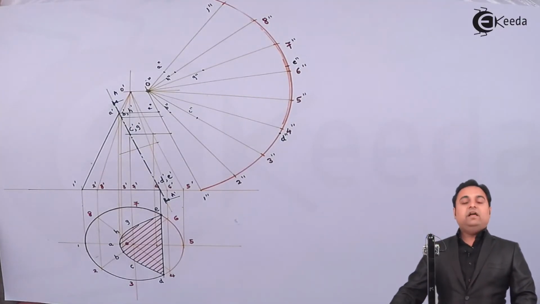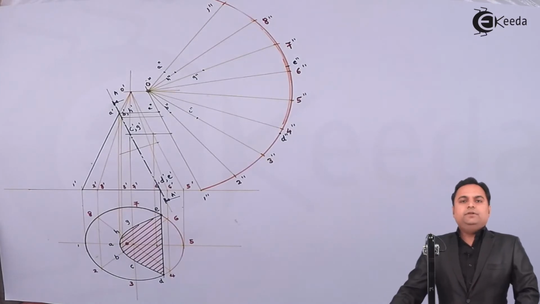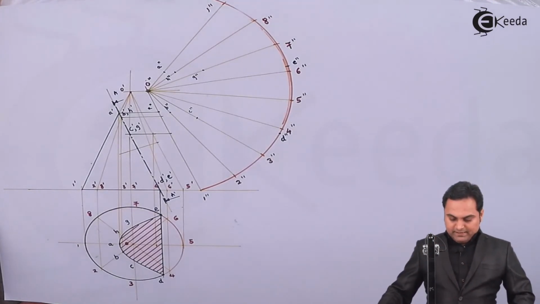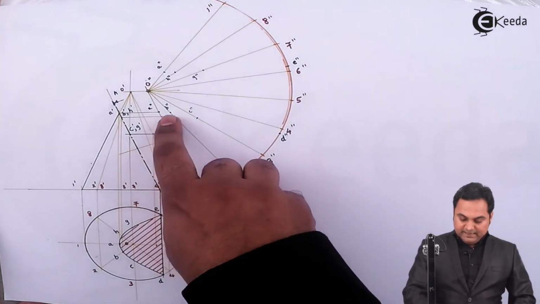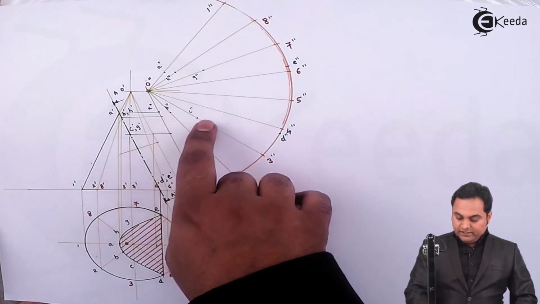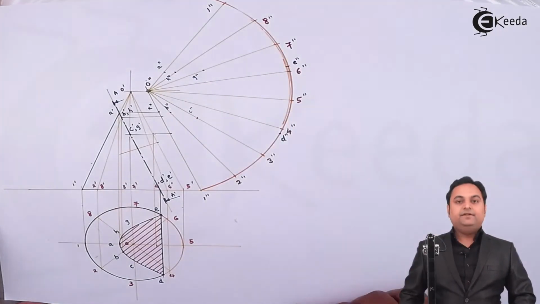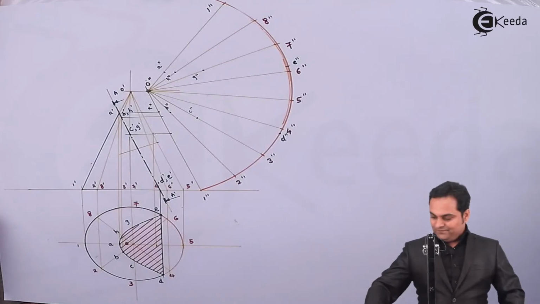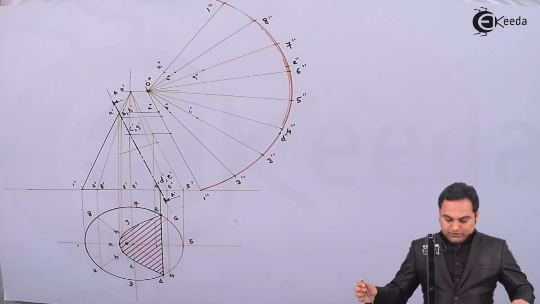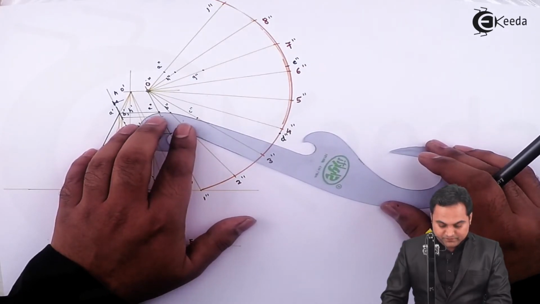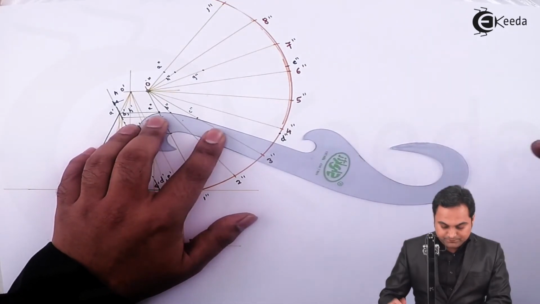Next, I will have to join all these points in proper sequence so that we get the development. Here we have A double dash, B double dash, C double dash. It will be connected to D double dash, and similarly onto the other side. Let us get started. So here I'll be connecting points A, B and C together with the help of a light curve.